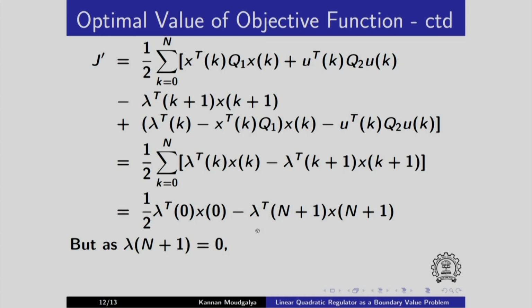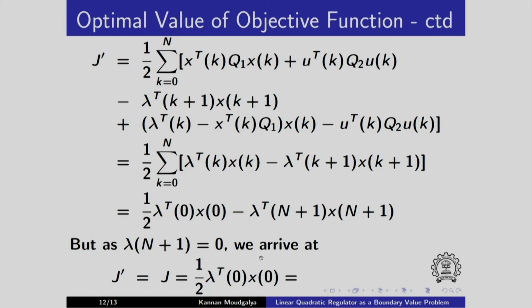We derived this already. And so we arrive at the optimal index, which is nothing but half of lambda transpose 0 x 0.